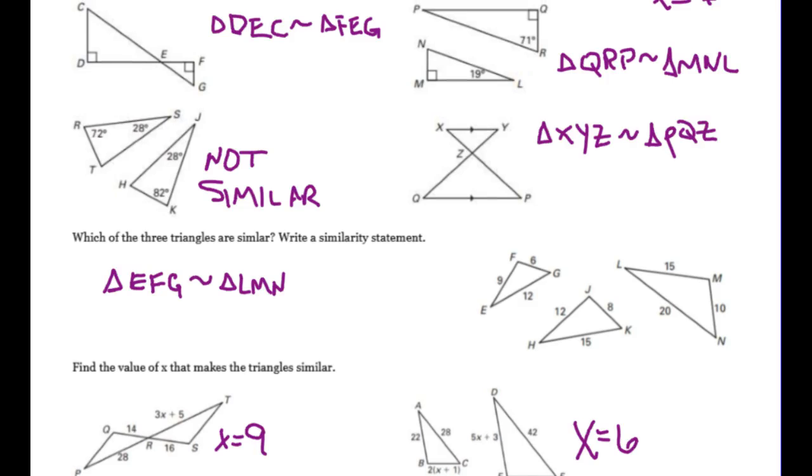So here are the answers, and when you're writing the similarity statement, just make sure you understand that as long as your angles line up, it doesn't matter if our letters are in different places, as long as your letters line up with each other. So for number 1, for example, I could have written ECD is similar to EGF, and that still would have been a correct answer. All right, let me know if you've got questions.